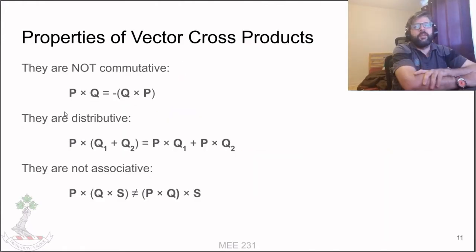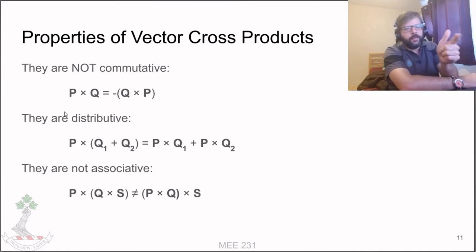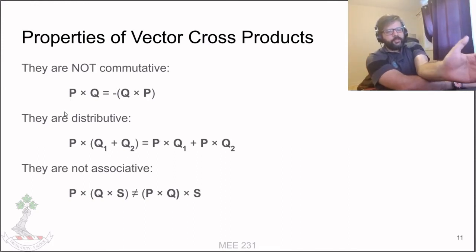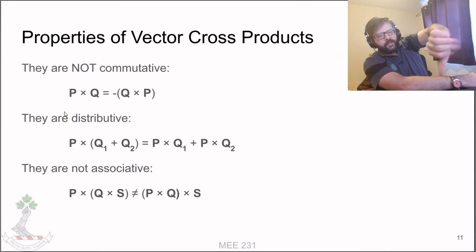So a few properties of cross products. Again, they're not commutative. P cross Q is not the same thing as Q cross P. And again, that would be because that'd be curling from this direction versus curling in this direction.